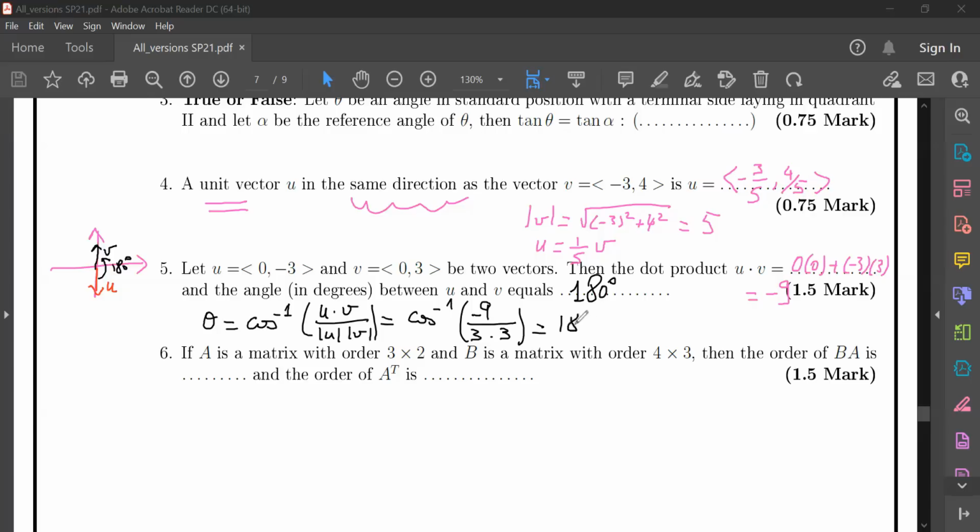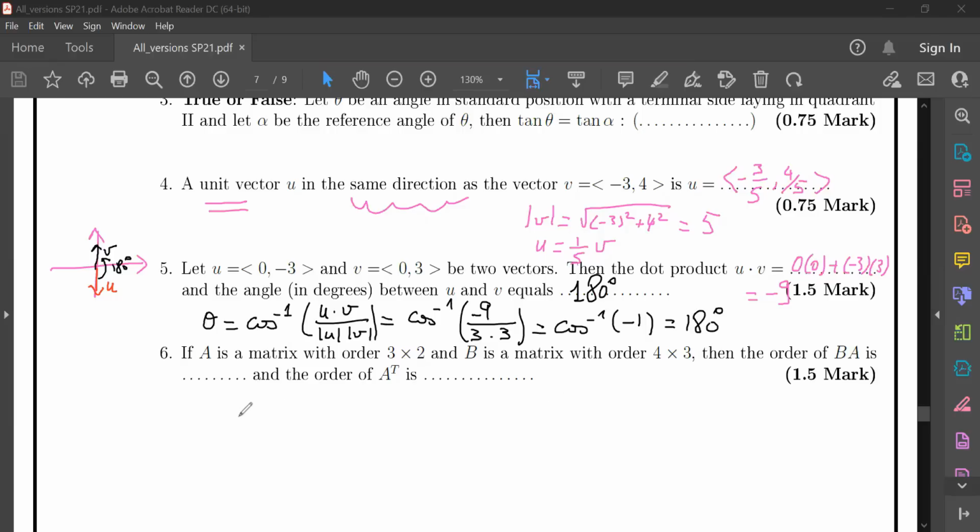Using a calculator, it gives you 180 degrees. If you want, it's cosine inverse of negative 1, which is 180 degrees.